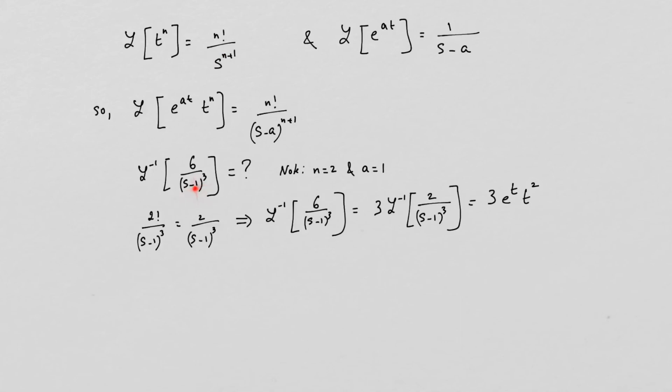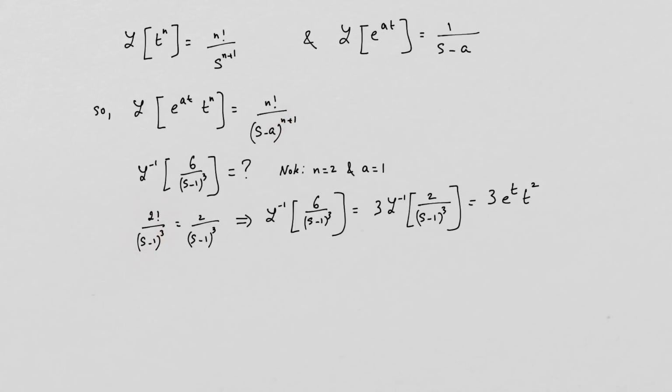There is a shift to the right by 1, so a equals 1. And the power here is 3. That means n must be 2. Therefore, based on this, 2 factorial over s minus 1 to the third is exactly what I have.